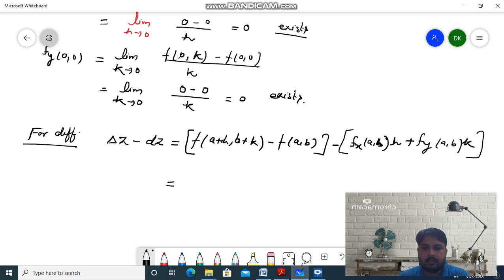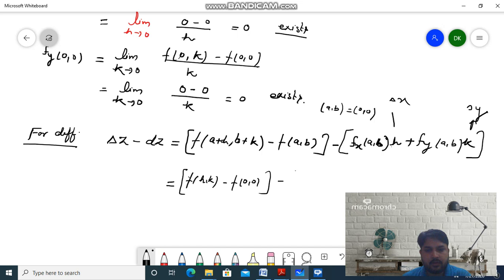So del z minus dz is always equal to f(a plus h, b plus k) minus f(a, b) minus fx(a, b) into h plus fy(a, b) into k, where h is del x and k is del y. Because the point (a, b) is (0, 0), we have to check the limit at the origin. So here it becomes f(h, k) minus f(0, 0) minus partial derivative at origin into h plus partial derivative at origin into k.